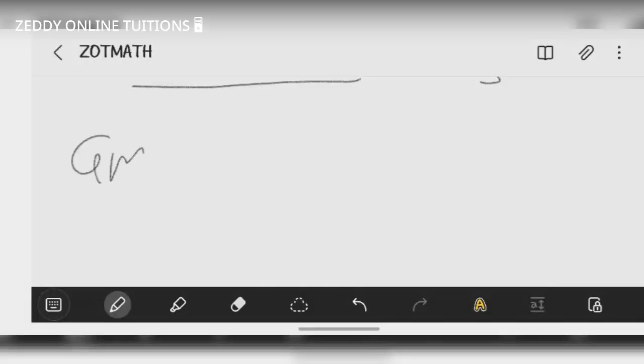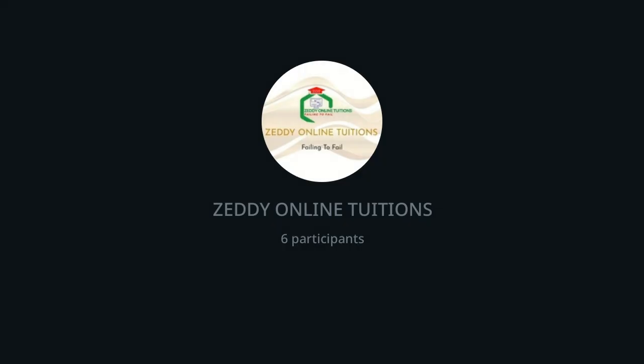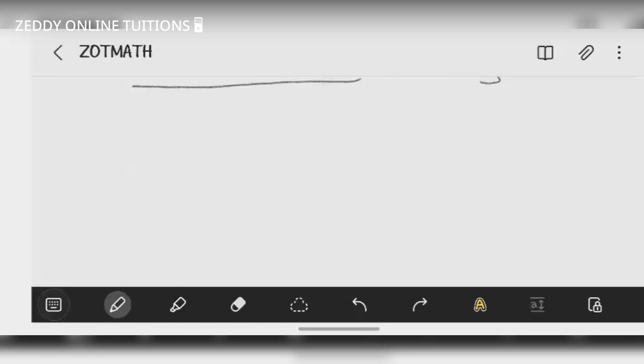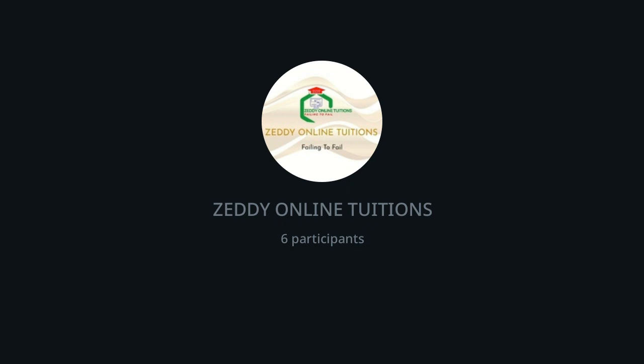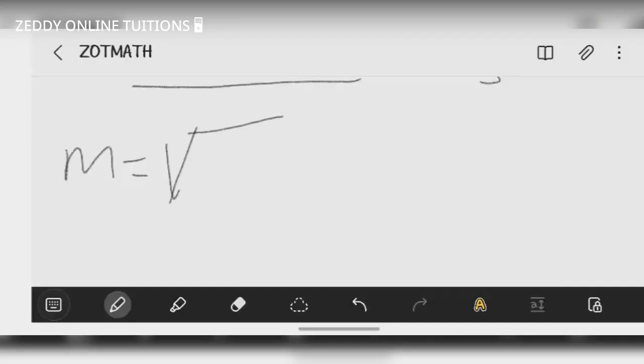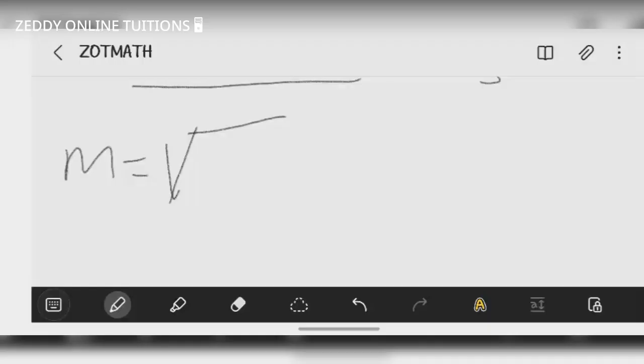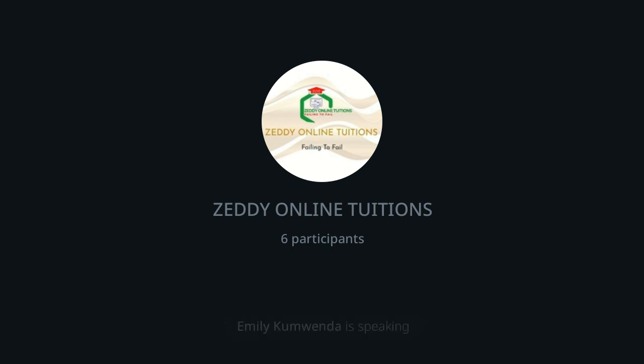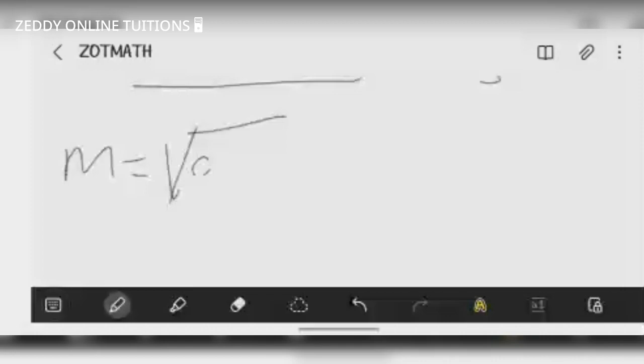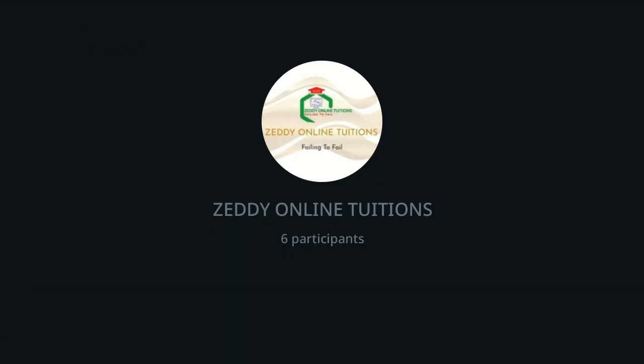So for the geometric mean, we are just going to use this formula, which is the square root of what? AC. That is the formula.